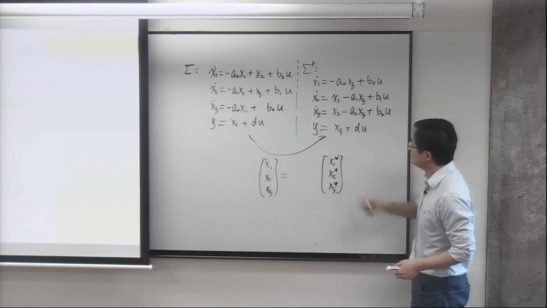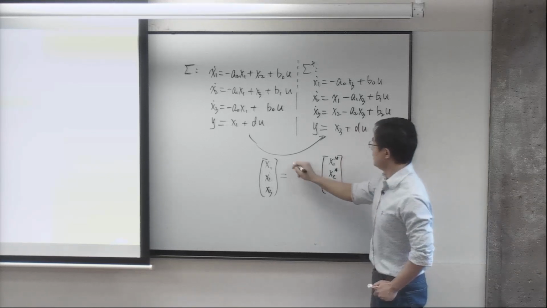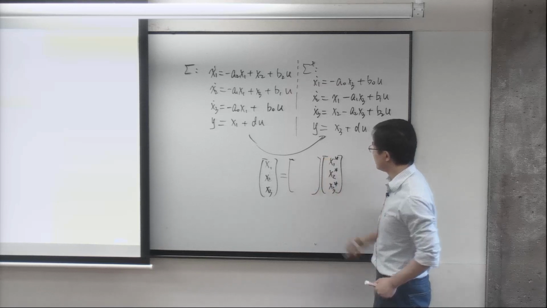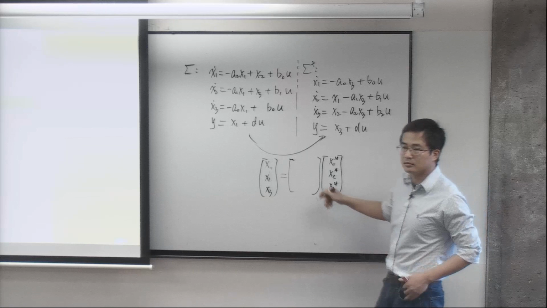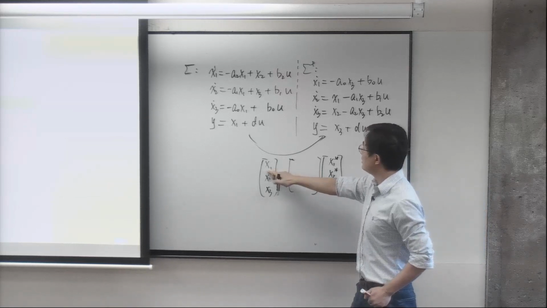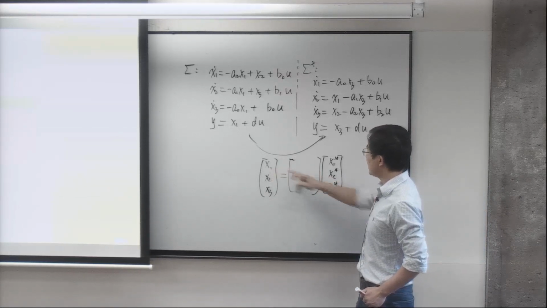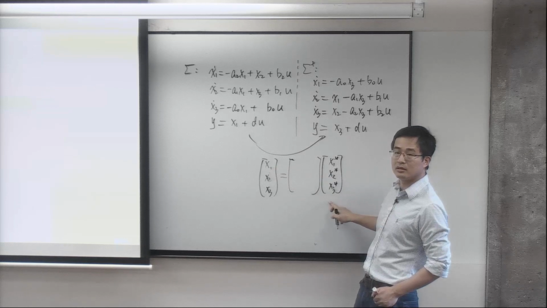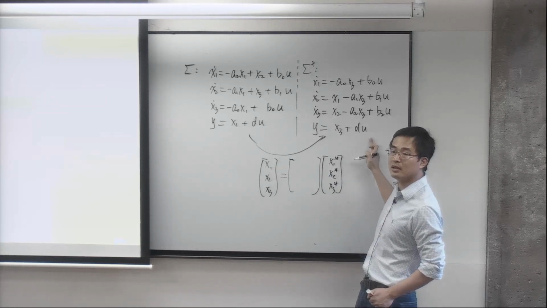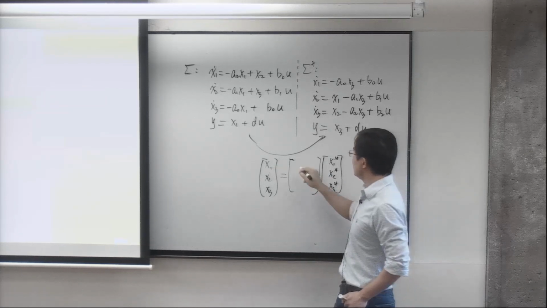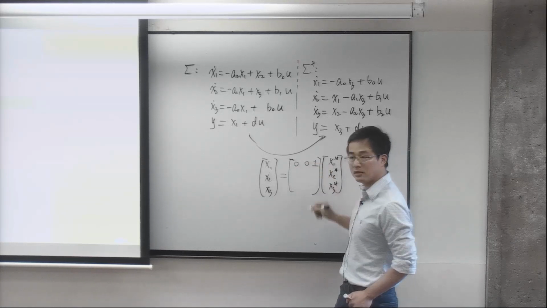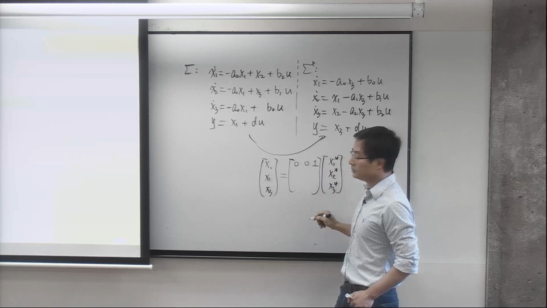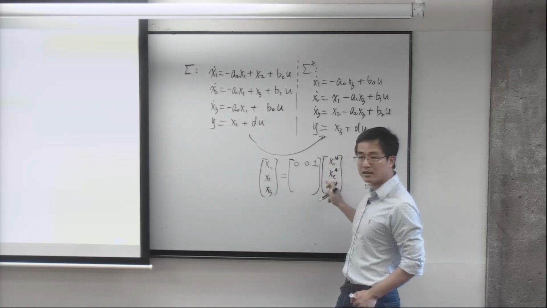So you can see they are connected by what kind of matrix here? So x1 is becoming x3 in the second system, right? That means 0, 0, 1. The second state is exactly the same.